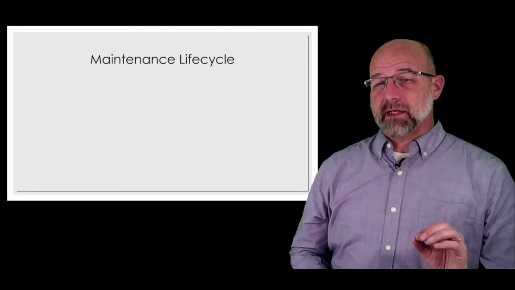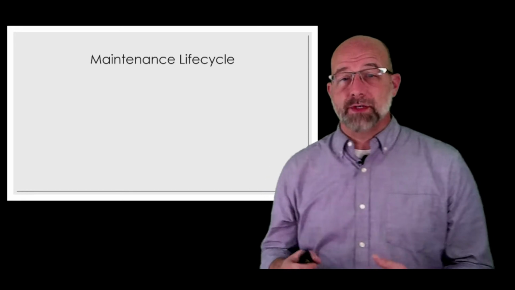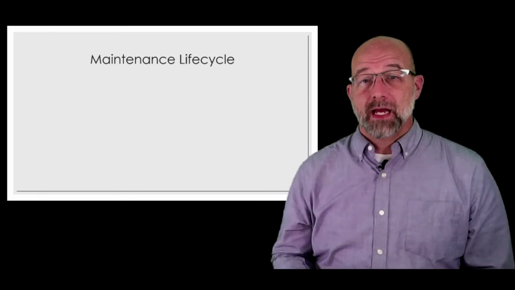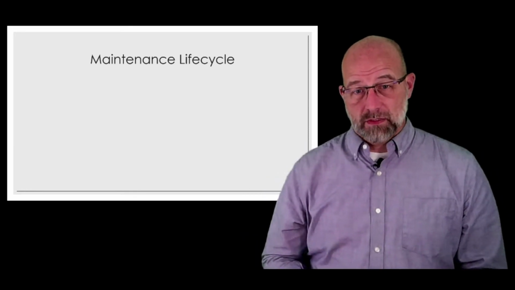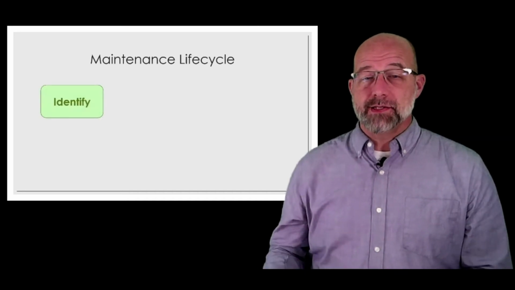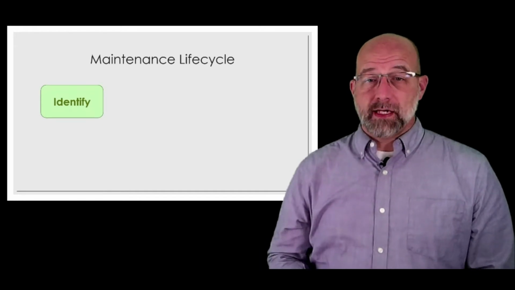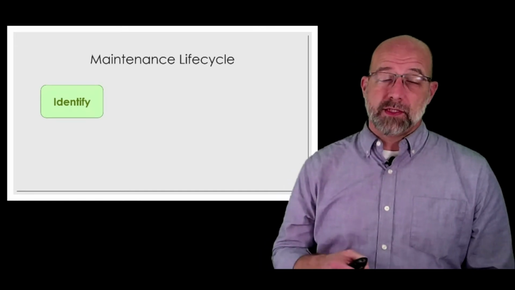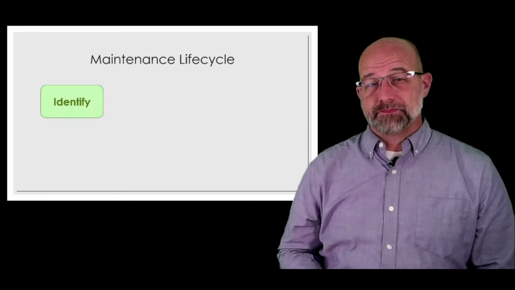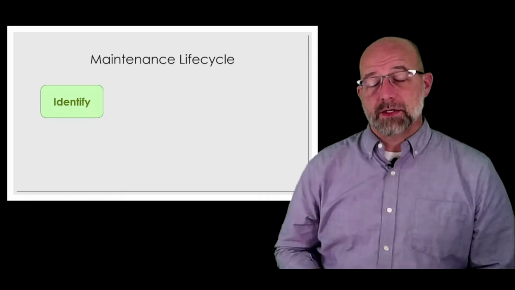A project, and in this case, a maintenance life cycle, is really revolving around your asset performance and your asset life cycle. In order to do that, you have to identify exactly what it is that you have to do. So your PMs will be identified with what needs to be done with that particular piece of equipment, or your scope will be identified if you need to do a renovation project.